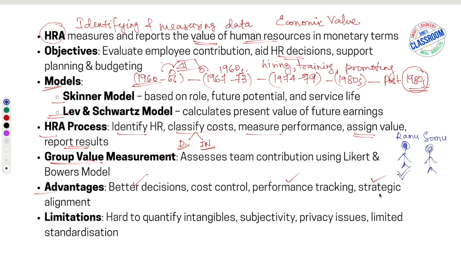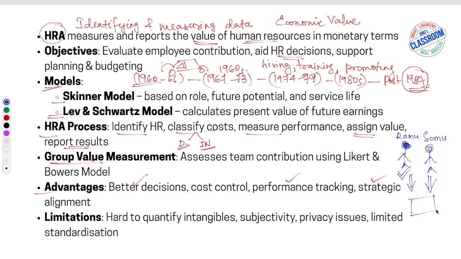Ramu is a good innovator. He brings in new ideas to the table. Therefore he proactively goes and helps out or gives better service to the customers. So maybe even customers ask for Ramu's service. Then how do you capture that value that Ramu brings to the organization versus what Somu brings to the organization?